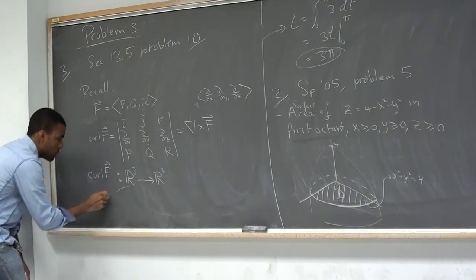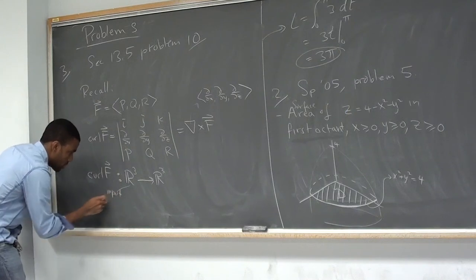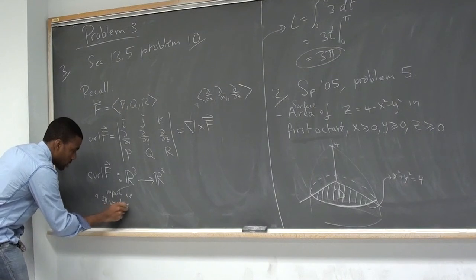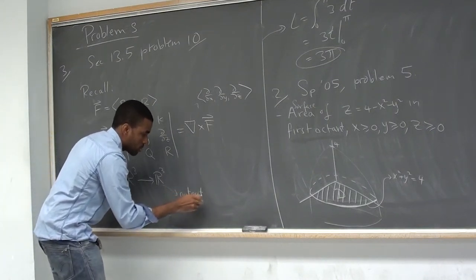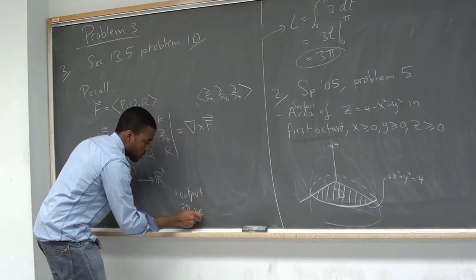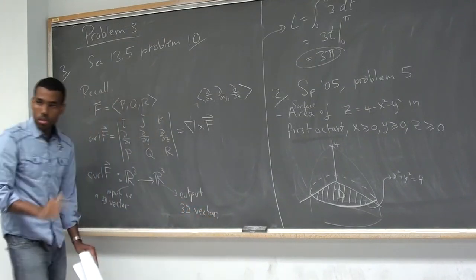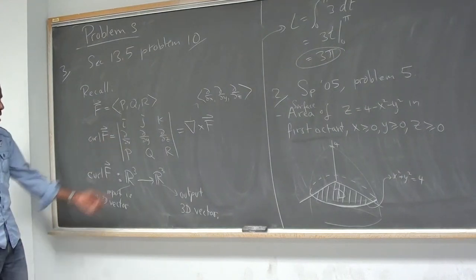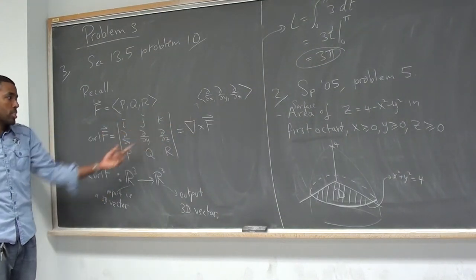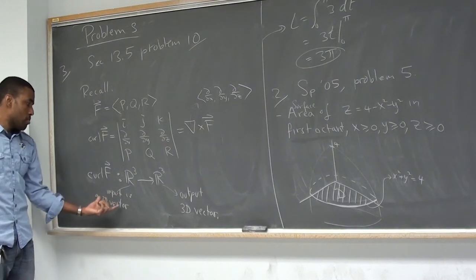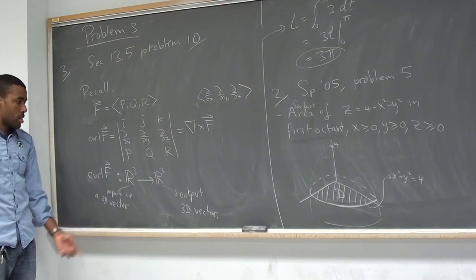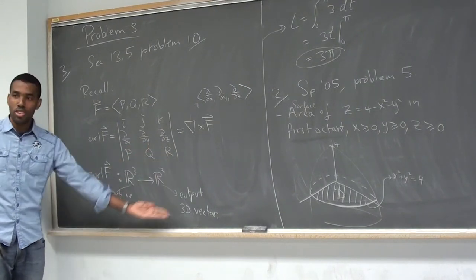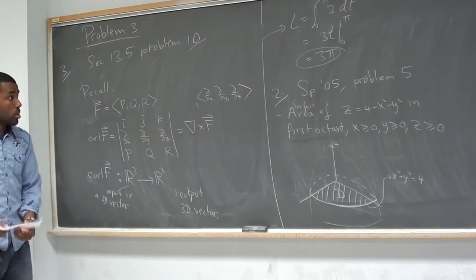So your input is a 3D vector, and your output was another 3D vector. This is how it was defined, and based on the fact that we defined it from cross products as learned in Calc 3, the input is always a vector field. It has to be in 3 dimensions because we're taking a cross product, and the output of a cross product is another 3-dimensional vector. So this you should know.